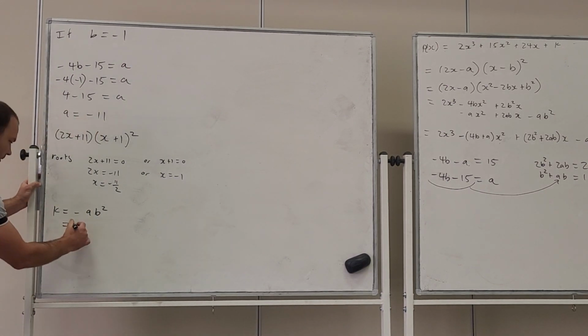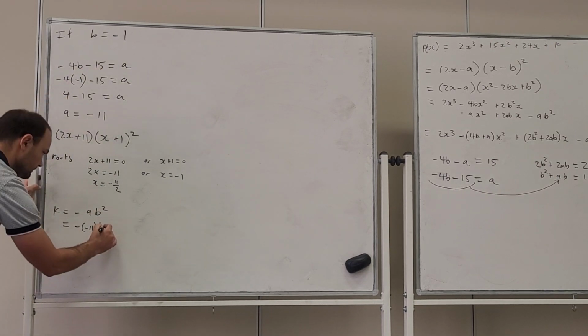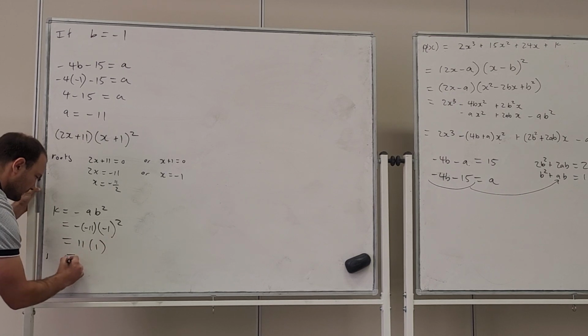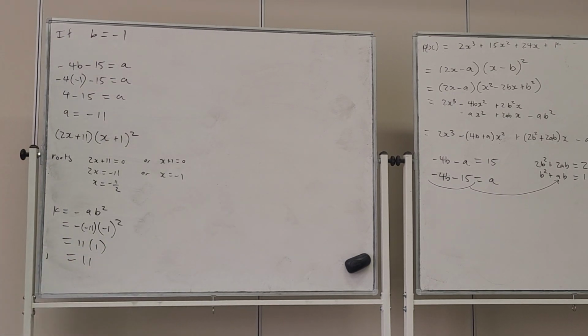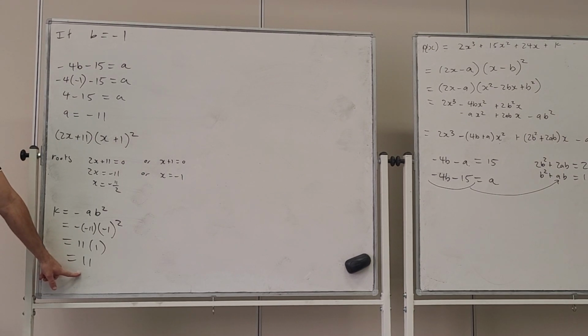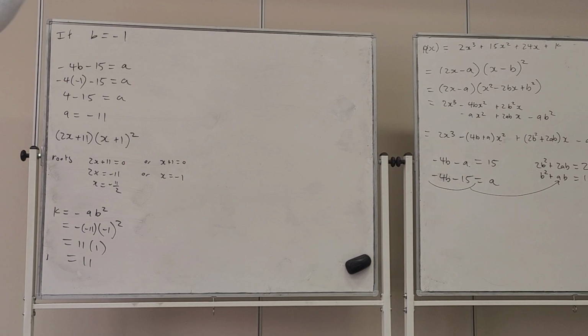We've got minus 11 times b is minus 1, so that's going to be 11 times 1. 11. Okay, so in the circumstance that b is minus 1, these are the roots, and this is our value of k.